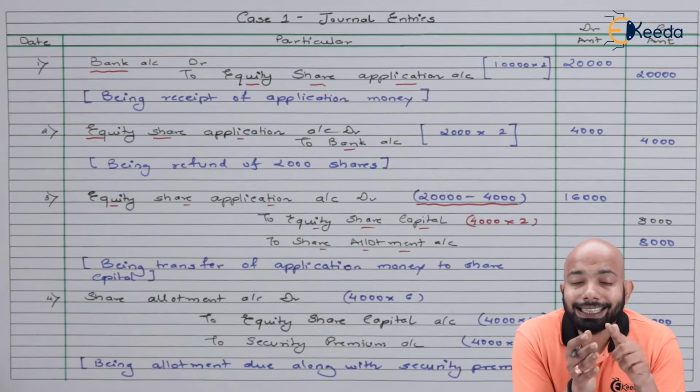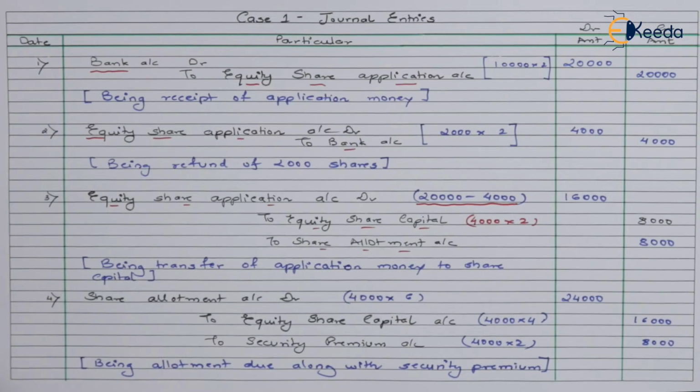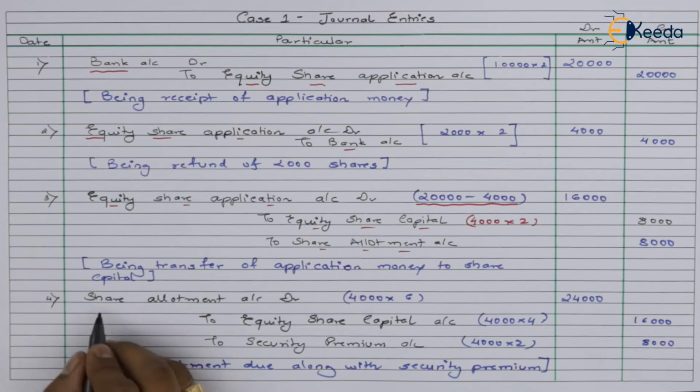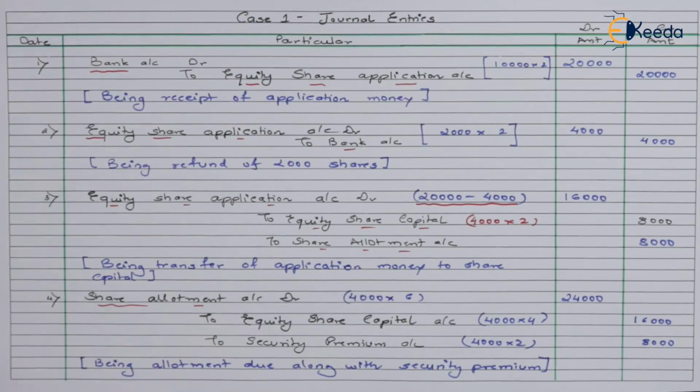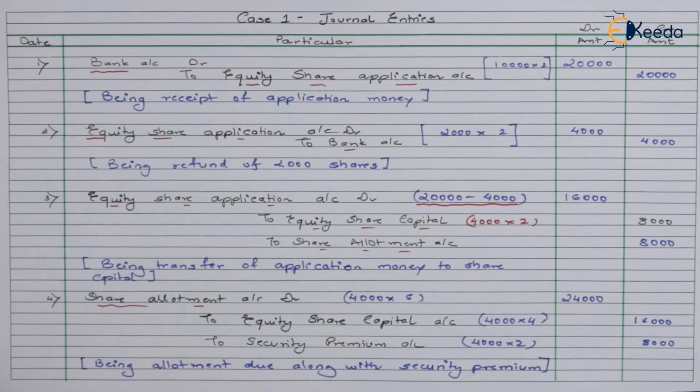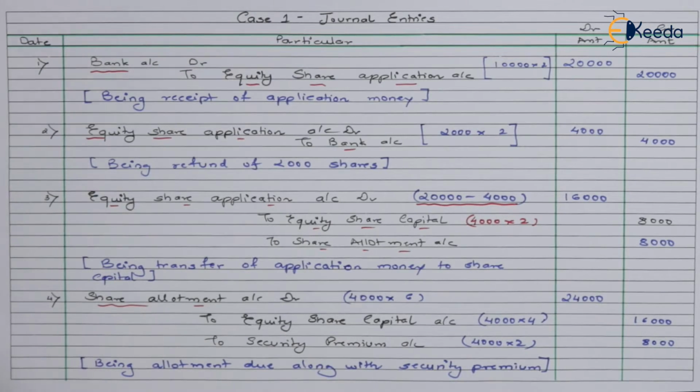Now the next entry, that is the fourth entry, will be allotment due. As you know, this allotment is a case of premium being considered here. So the entry that will be passed here is share allotment account debit to equity share capital and to security premium. On allotment we're taking a total of 6 rupees, that is 4 for capital, 2 for premium.